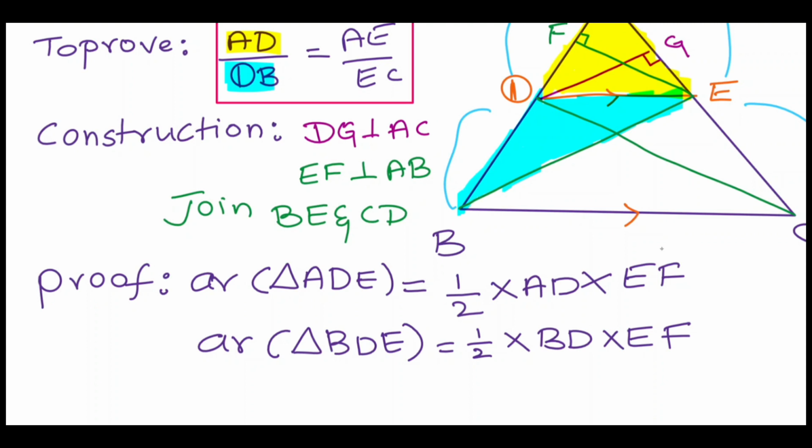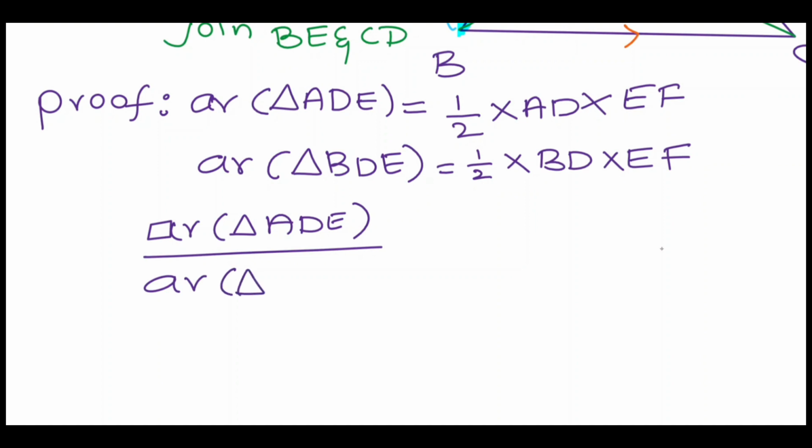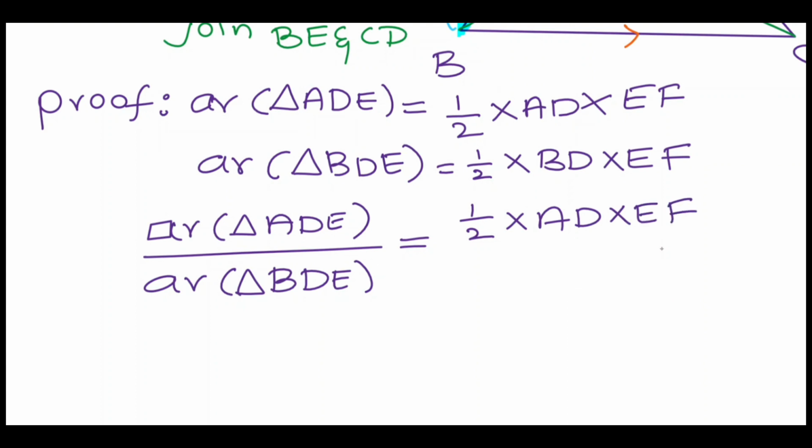Now take the ratio of these two triangles. The ratio of the area of triangle ADE divided by the area of triangle BDE is equal to 1 by 2 into AD into EF divided by 1 by 2 into BD into EF.